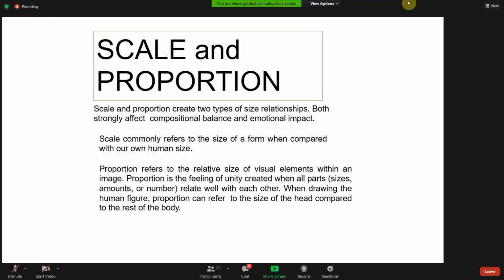You can play with scale and proportion also. Scale and proportion create two types of size relationships, both strongly affecting compositional balance and emotional impact. Scale commonly refers to the size of a form when compared with our own human size.